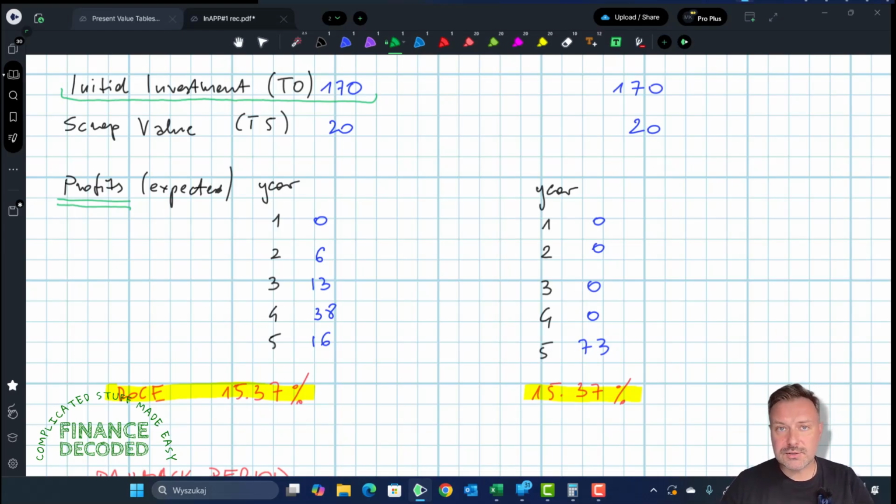So before you start calculating the payback period, make sure that you are comparing oranges with oranges and apples with apples. Here the initial investment is a cash flow, and profits are of different nature. You need to reconcile them, make them comparable to actually calculate the payback period.